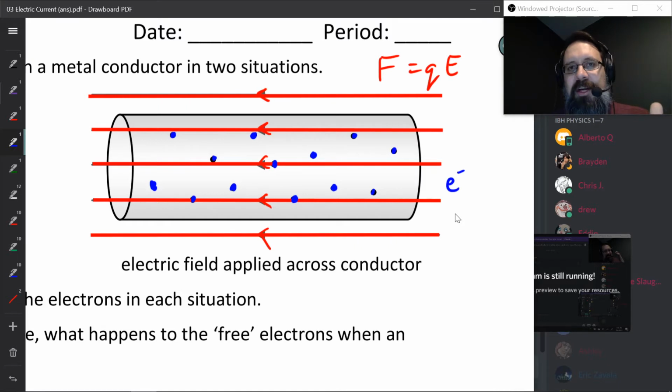But electrons are negative charges, so guess which way they're going to move in relation to the field direction. Electrons always go in the opposite direction to the field. The field shows you where a positive charge will be pushed, so electrons go the opposite direction.